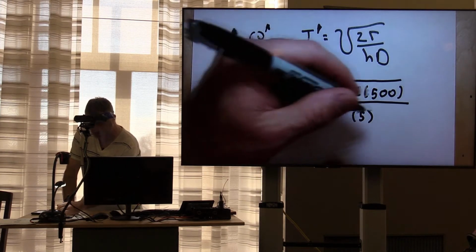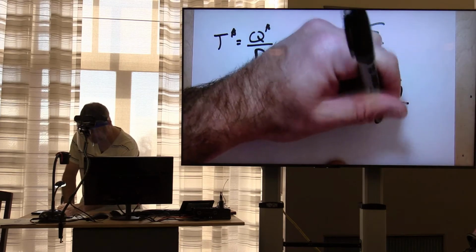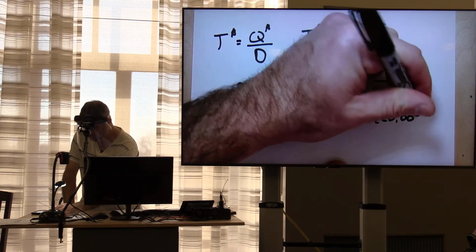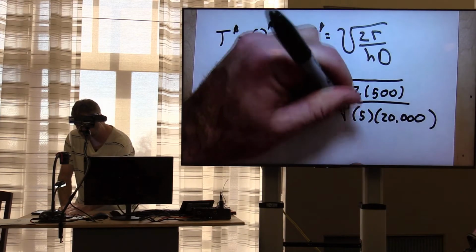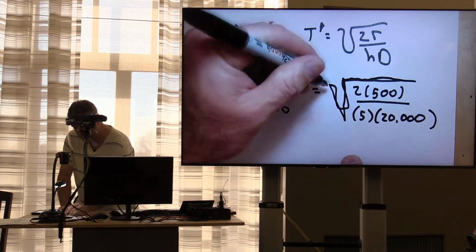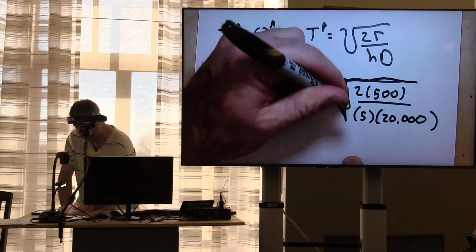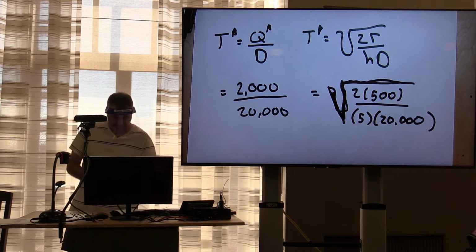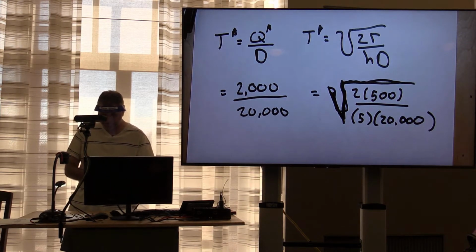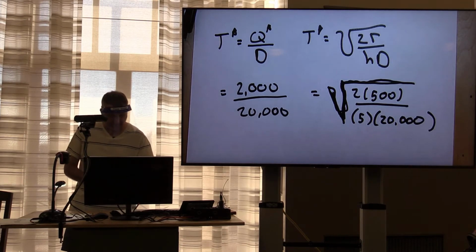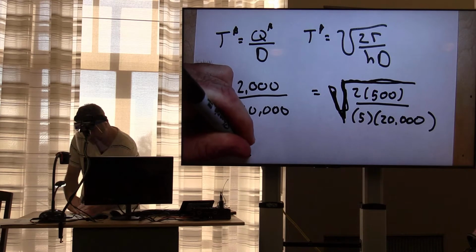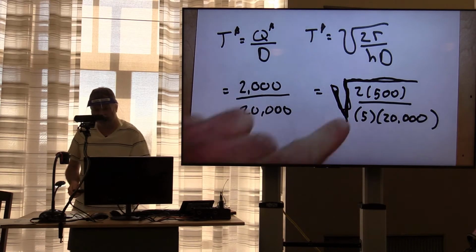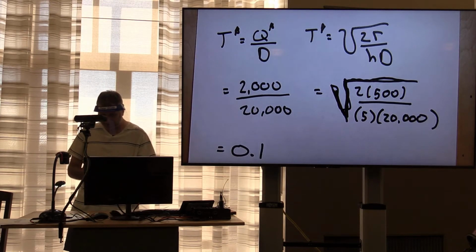D was 20,000. And this is supposed to be, so this entire expression is under the radical. And so if we do both of these, well, it should be 0.1, obviously. You can look at this and tell it's 0.1. But then I'll do this one on the calculator too to make sure I get the same thing.